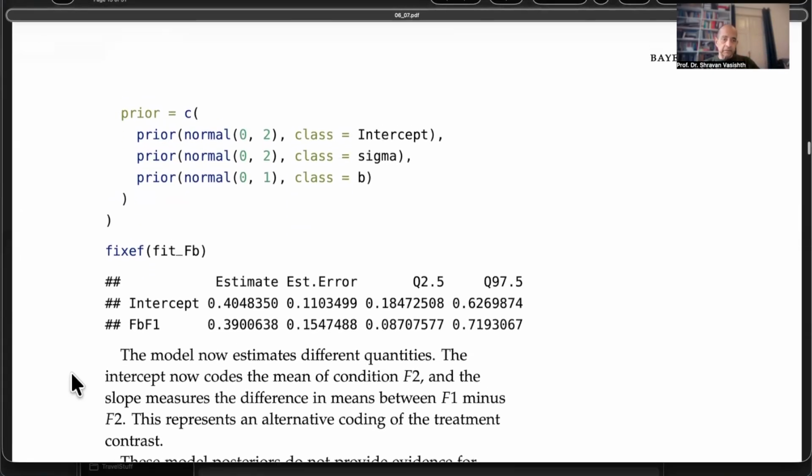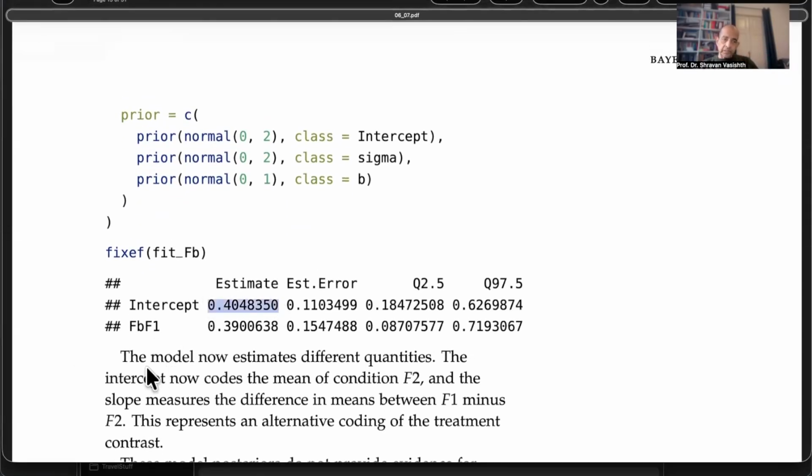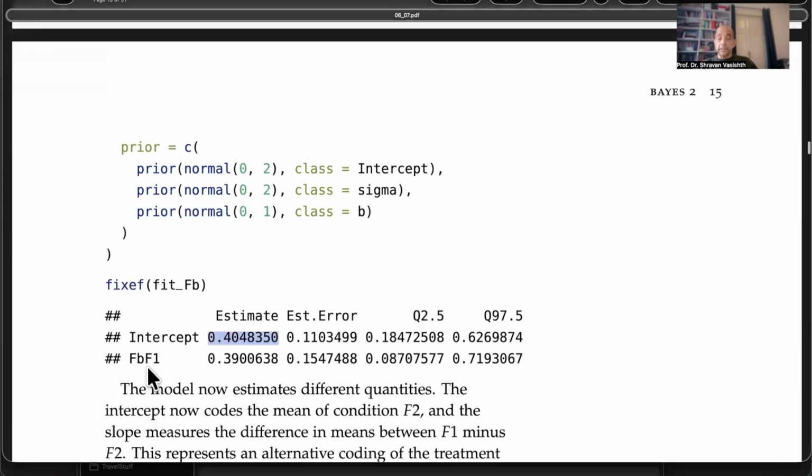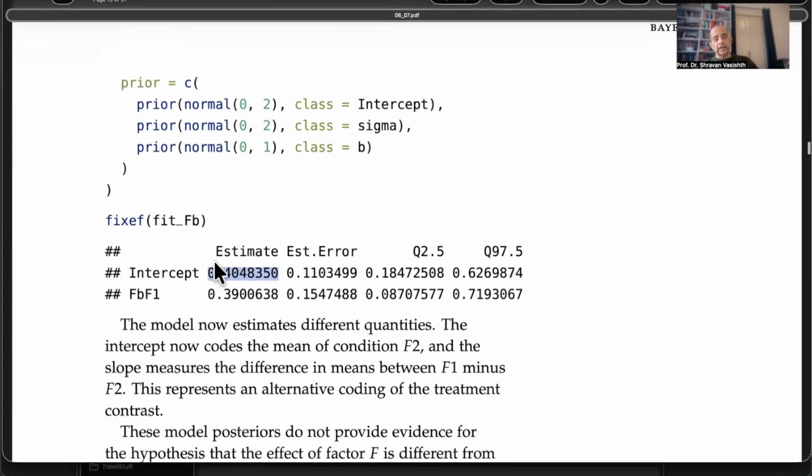re-leveling of the factor levels, you'll see that the estimate for the intercept does change, because it represents F2, the control condition's level, and then the additional seconds you would have to add to the F2 level to get the F1 level is 0.39.